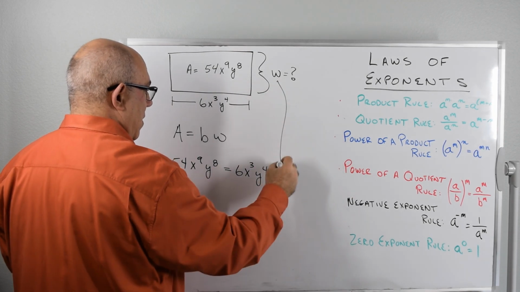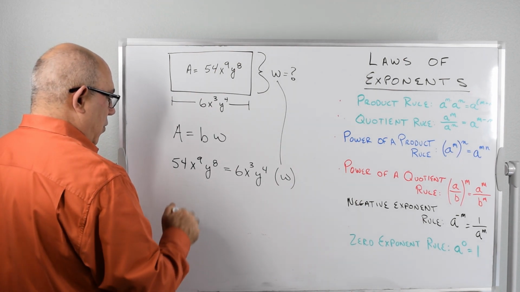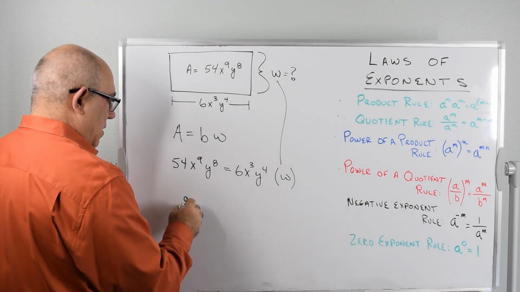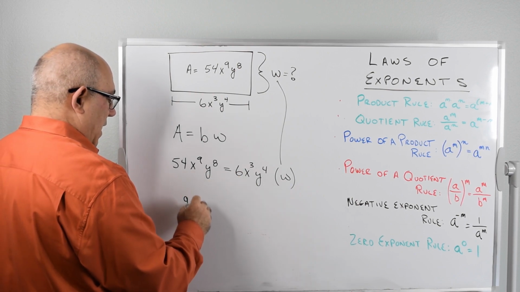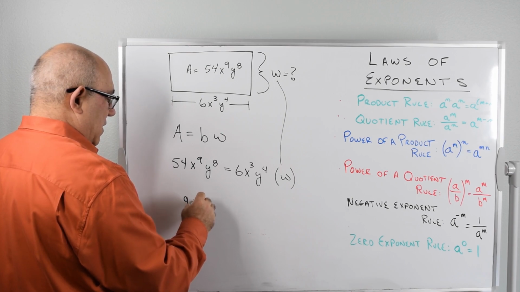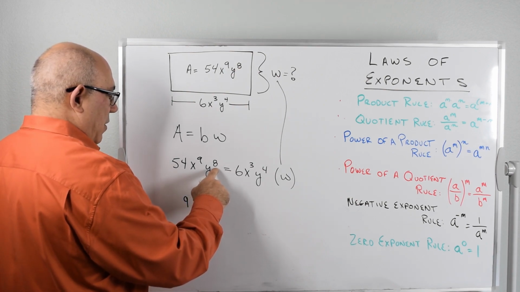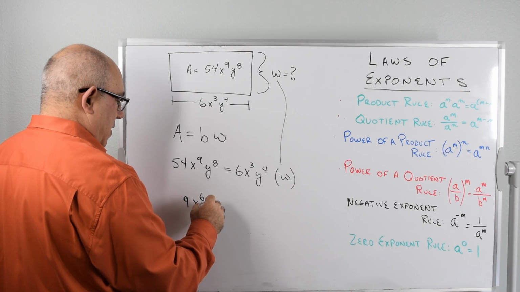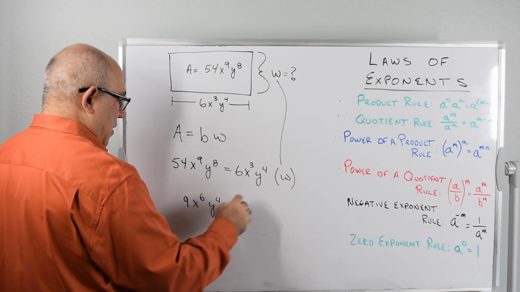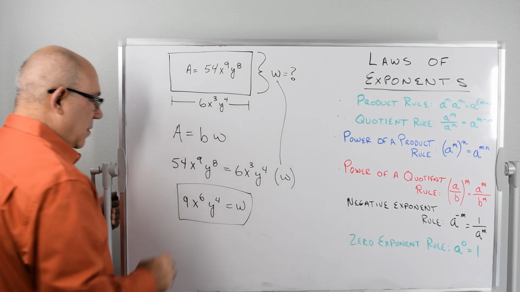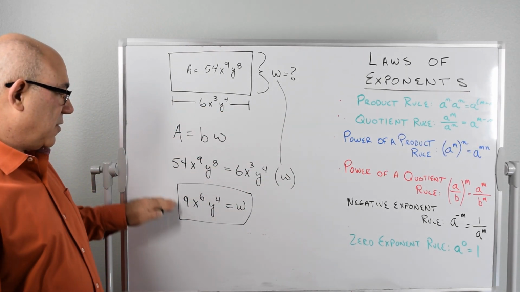Now we have to divide this over. 54 divided by 6 is 9. x to the 9th divided by x cubed is x to the 6th, because we subtract 9 minus 3. And y to the 8th divided by y to the 4th is y to the 4th. We subtract 4 from 8, and that equals w. So that would be our answer for this problem. We basically used some geometry and the quotient rule, and we were able to solve that problem.